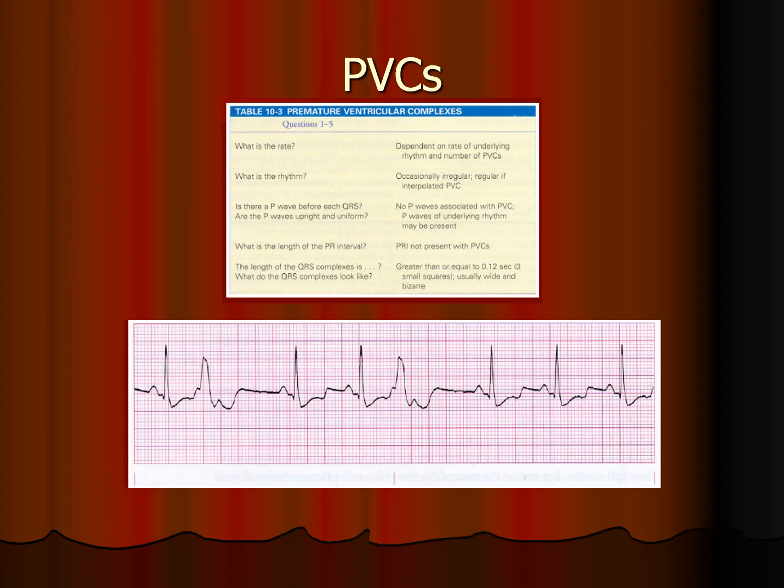Okay, so PVCs. We're going to identify the underlying rhythm, and we have this hot mess. So let's start at the beginning of the strip. It's not regular. Oh, crap, what's going on here? Let's look for a set by itself.